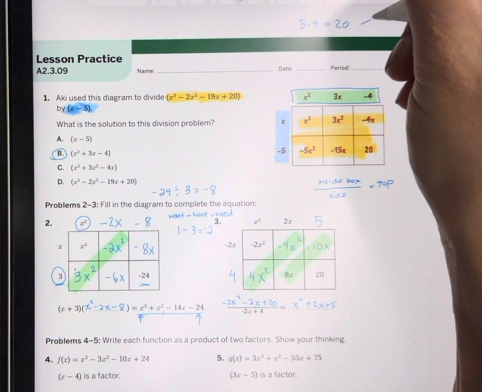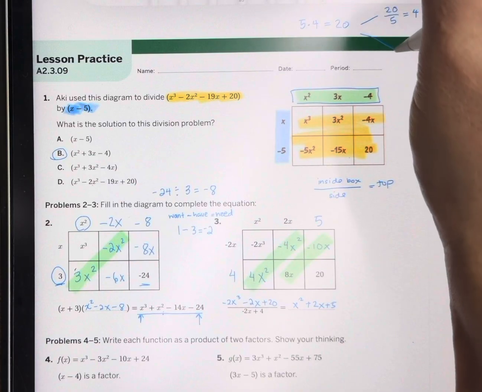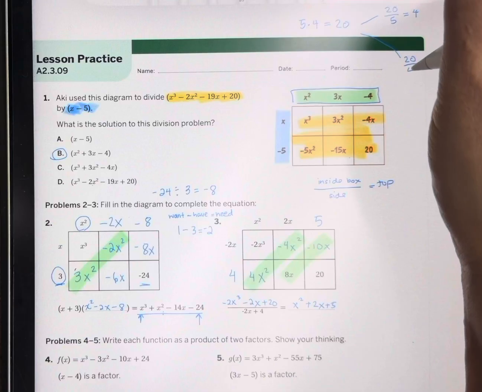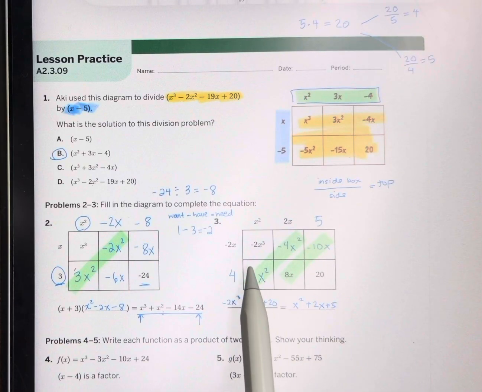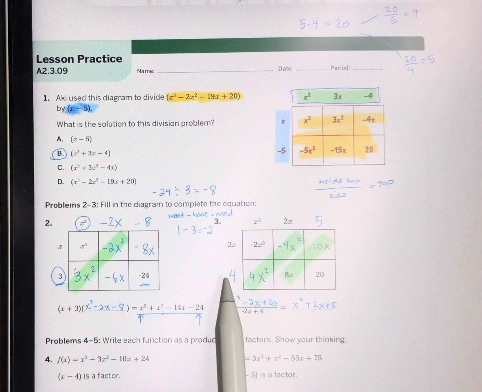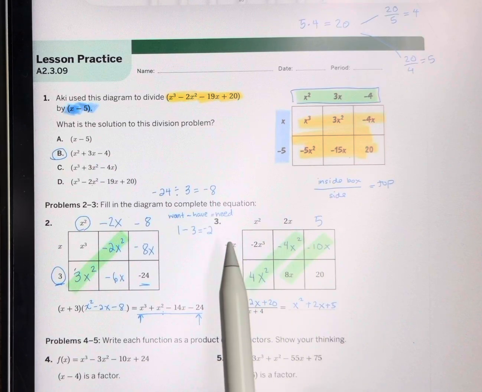But that also means that 20 divided by 5 is 4. And it also means that 20 divided by 4 is 5. So the same is true here. This divided by this is this, but also this divided by that is that.